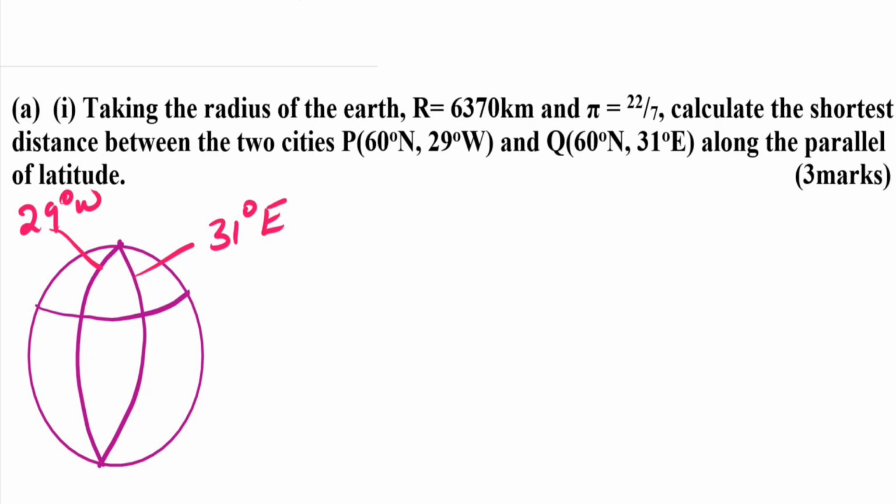Then the latitude is 60 degrees north. So P is here. So this is point P. Then Q is here.